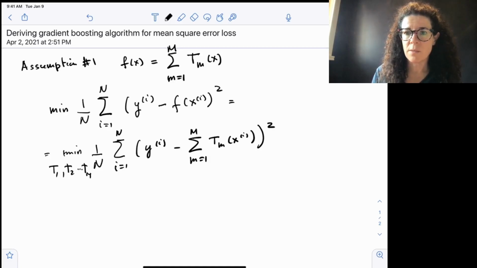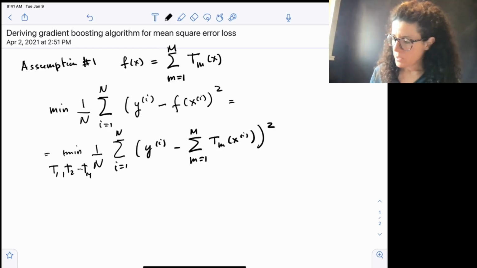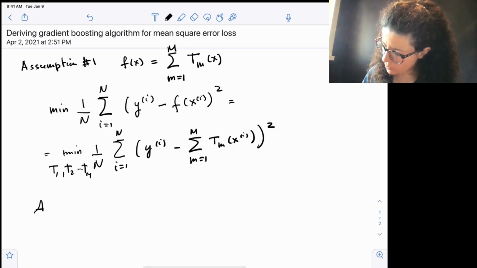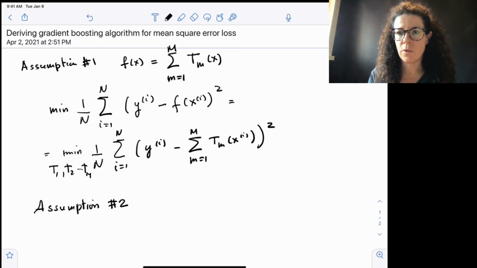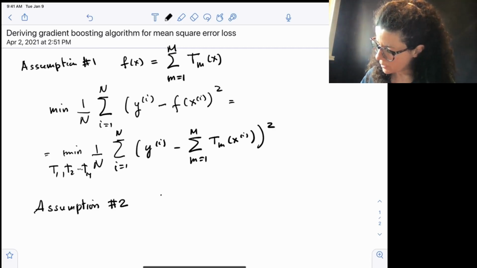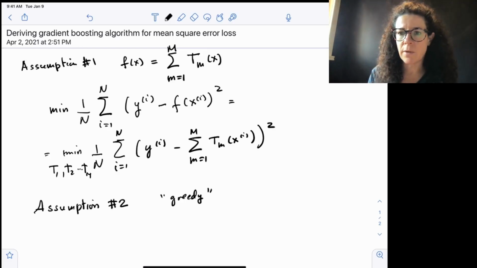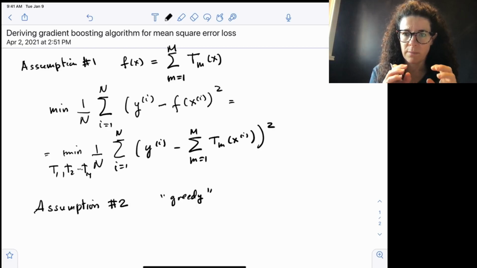So we're going to have to make some other assumptions. The second assumption made by gradient boosting is that we're going to fit this model in a greedy fashion. So this is called a greedy algorithm. What we're going to do is fit first a constant function.